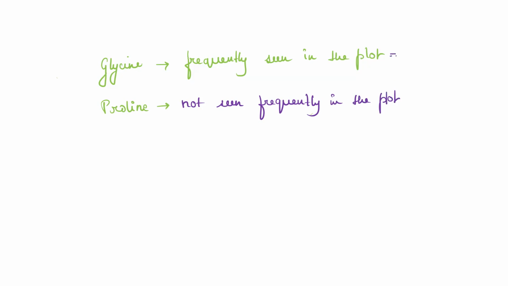Why is glycine seen so frequently in the plot? Because it faces no hindrance, since they have no side chains. Remember this.